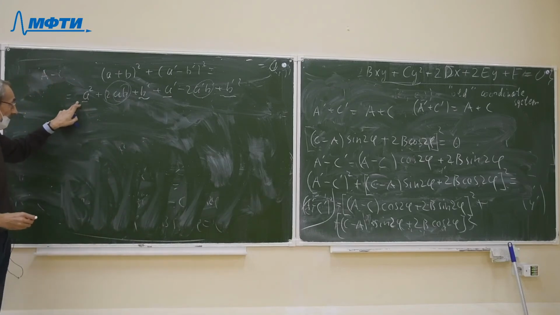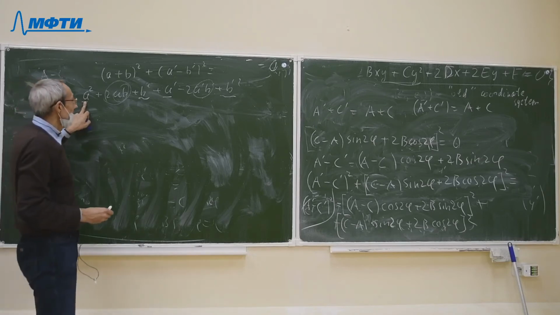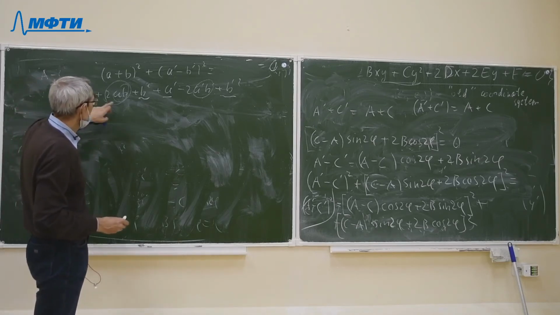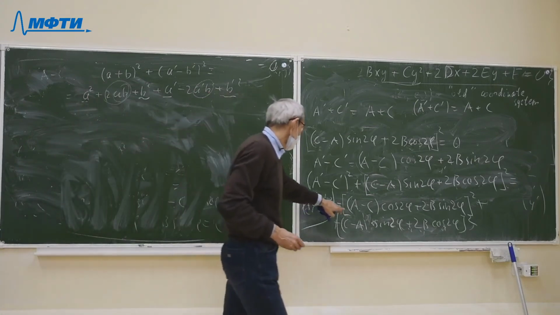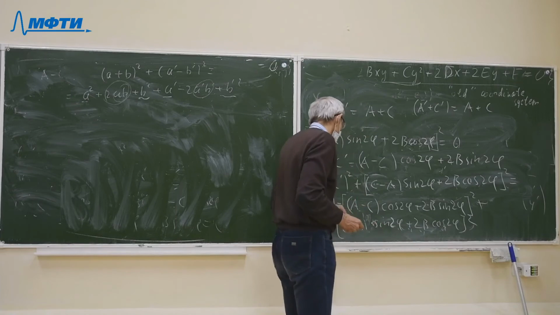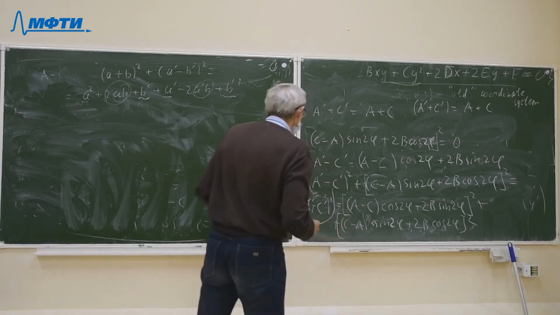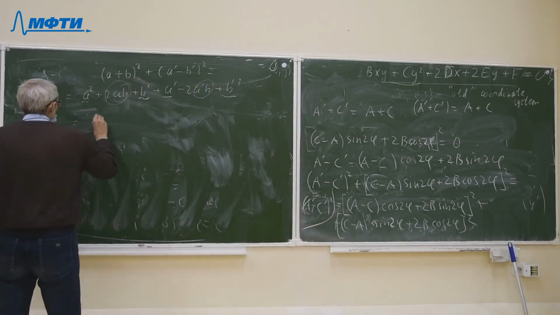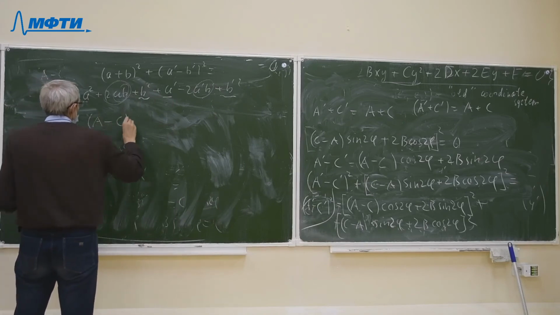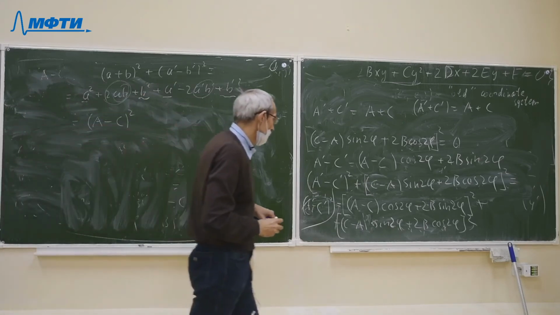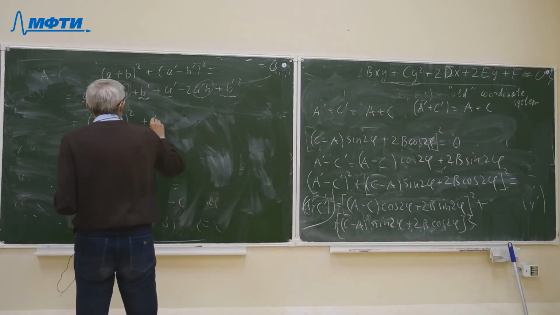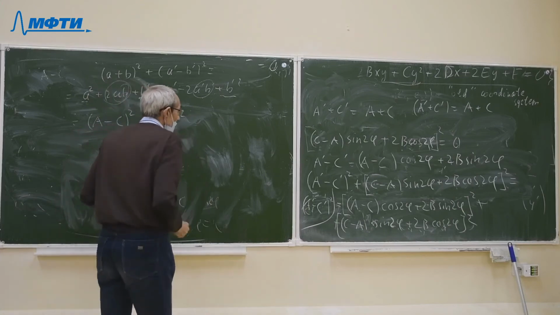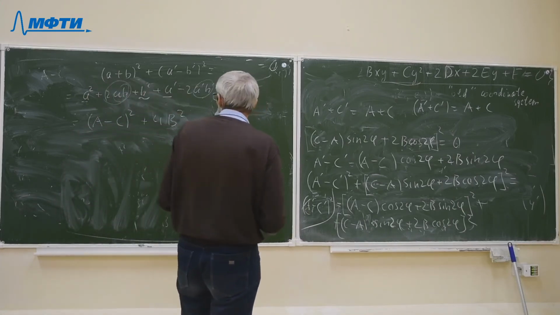These have the same coefficient and product, in this case cosine square, and in this case sine square. And we obtain that this equals A minus C square plus 4B square.